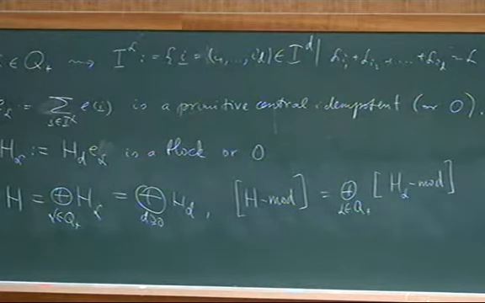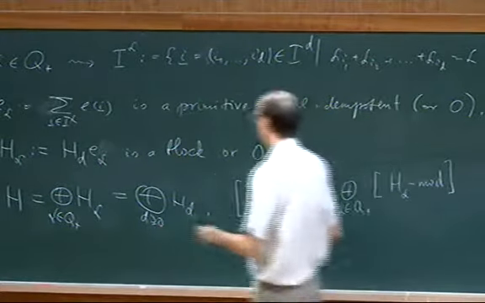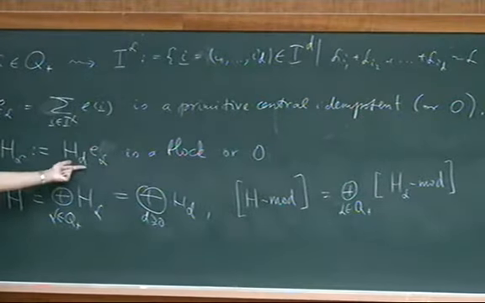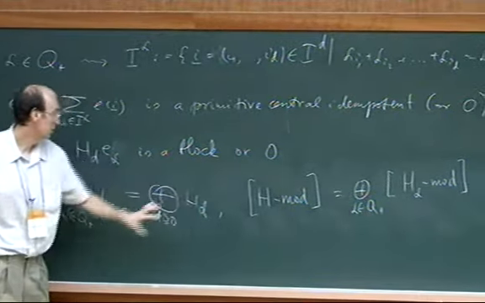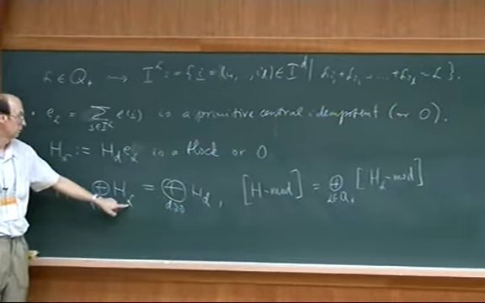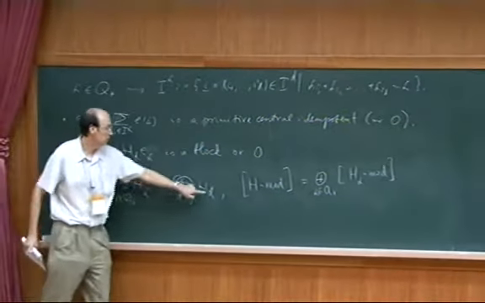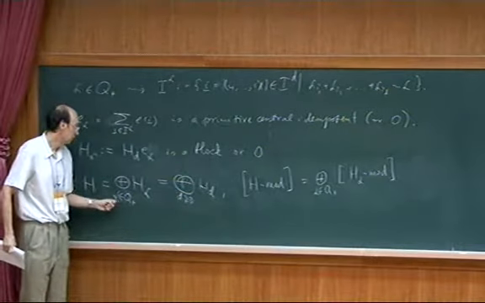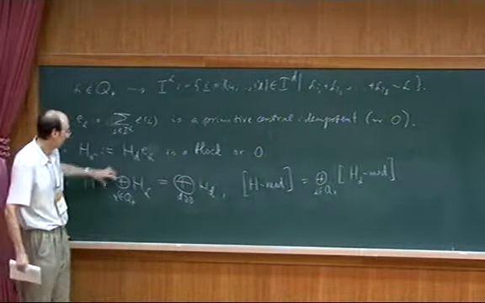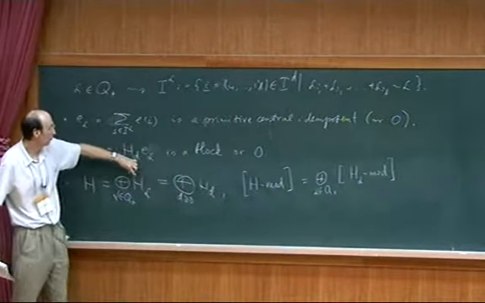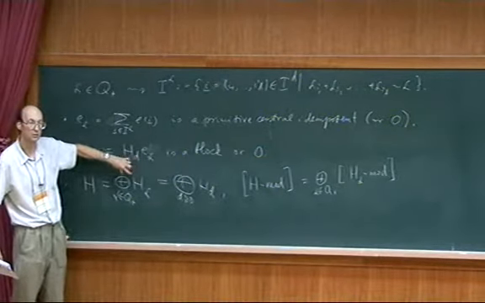So then your H_alpha is the sum over d of H_alpha? No, H_alpha is a block of an individual H_d. So if I take the sum of all H_d, it's the same as taking the sum of all H_alpha. If you know which alpha belongs to this H_d, it's just the one for which the height of alpha is equal to d. So you can stratify like this, or you can stratify more finely like that. It's a finer stratification.